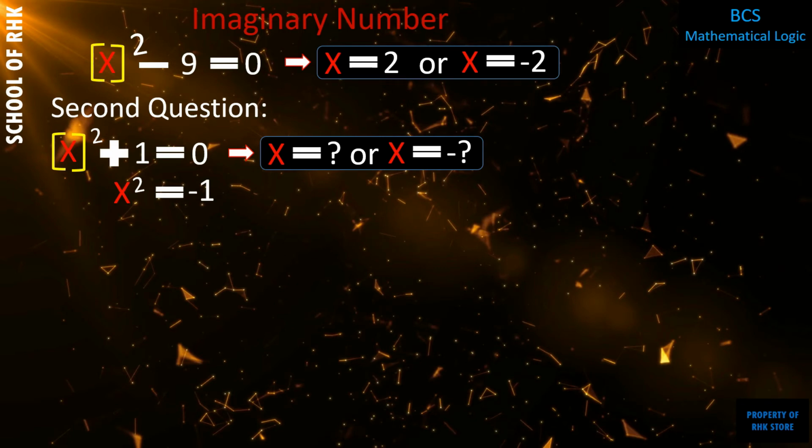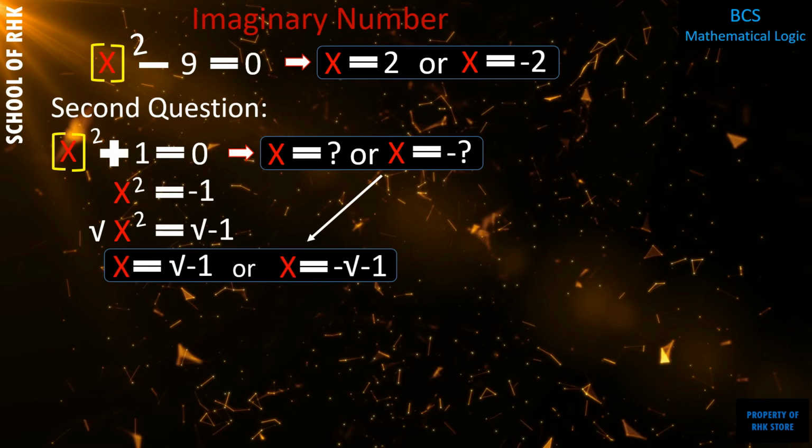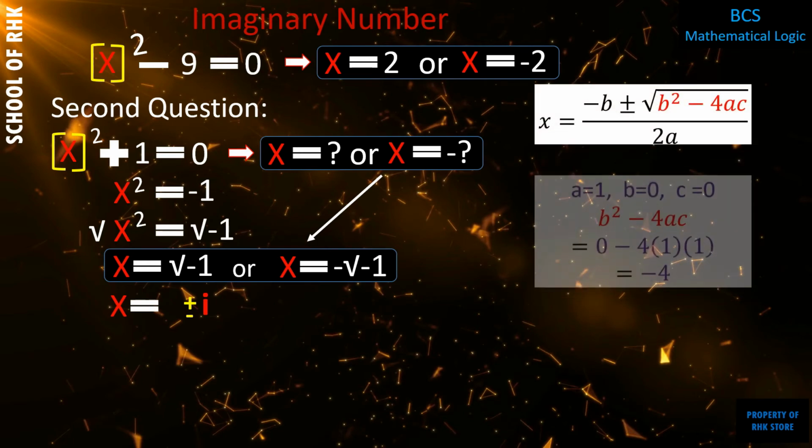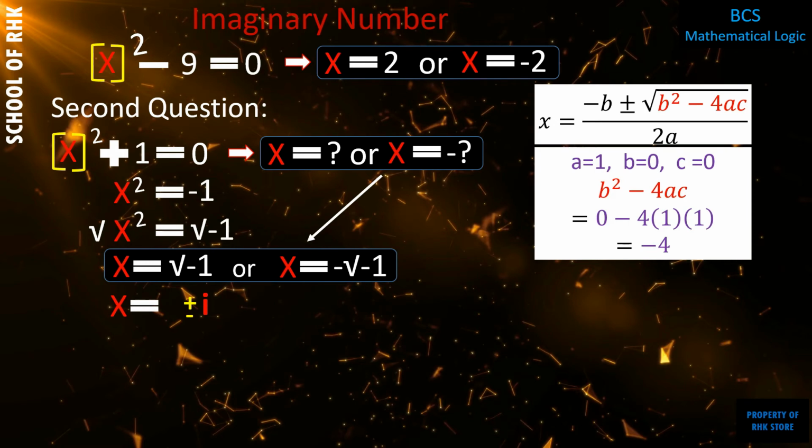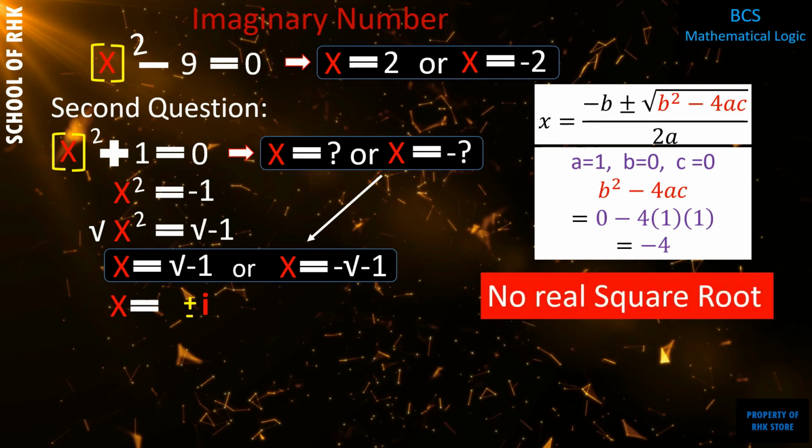Now, if we take the square root of both sides of the equation, we get x equal to the square root of negative 1, which means that x is equal to plus or minus i. So the equation x squared plus 1 equal to 0 does not have a real number solution, but this equation has an imaginary number solution, and this is the explanation of imaginary numbers.